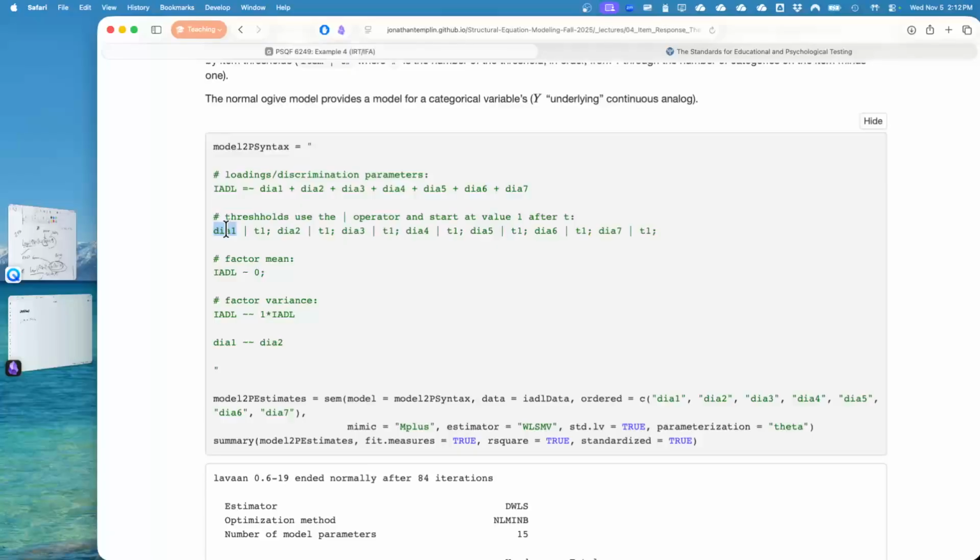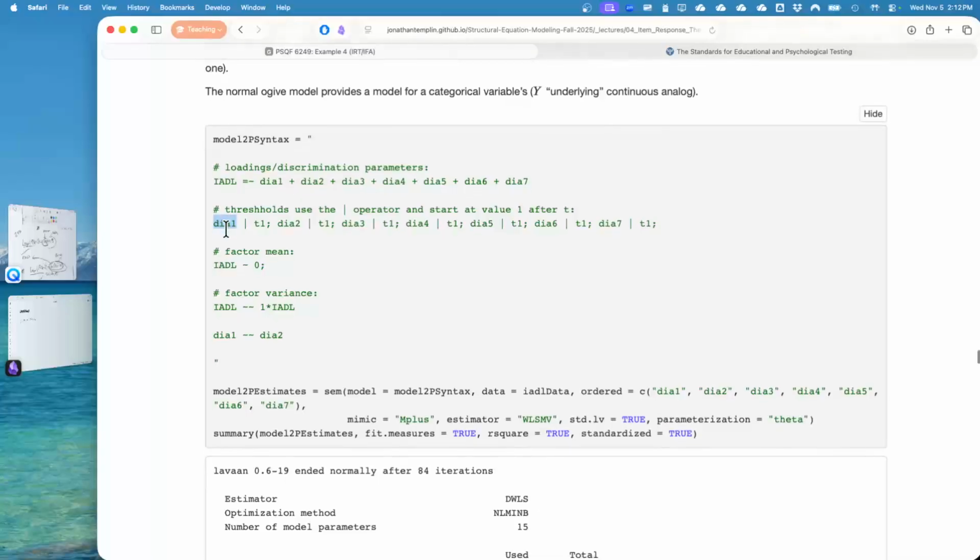If it's mu when you're modeling a 1, it's negative mu when you're modeling a 0. So what's happening in lavaan and Mplus is they're modeling the probability of a 0, not a 1. And what results from that is a threshold and not an intercept. So it's a slight change, but it will not make a big difference in what we do.